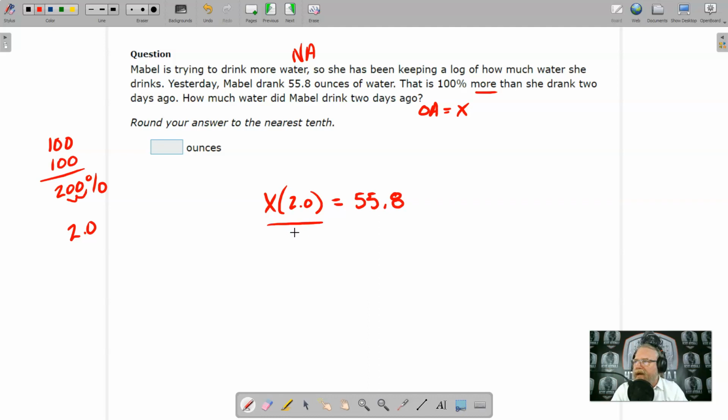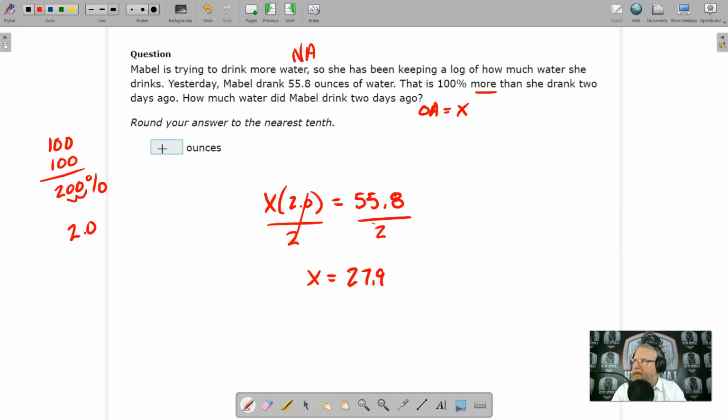So now we're going to divide by 2, both sides. 2 is going to cancel each other, leaving us with X. And 55.8 divided by 2 is going to give us 27.9.